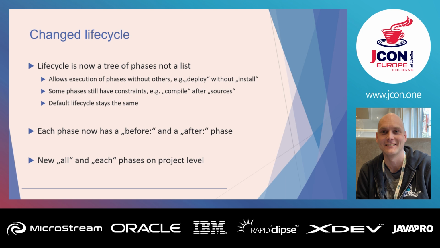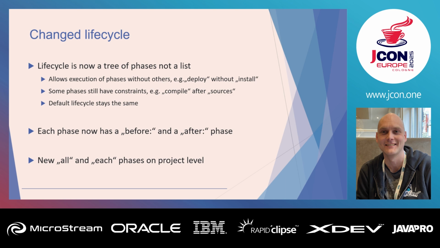So you can write a plugin which kicks in, for example, after all projects and sub-projects were built, or after each or before each, if you want to do something like, I don't know, print hello for every sub-project, or do more useful stuff.